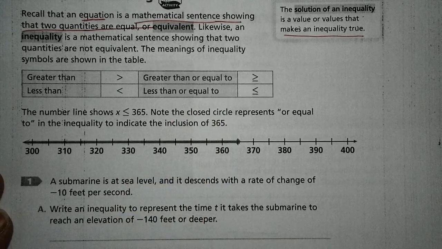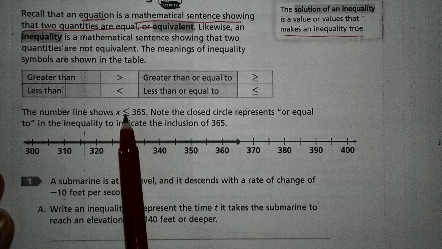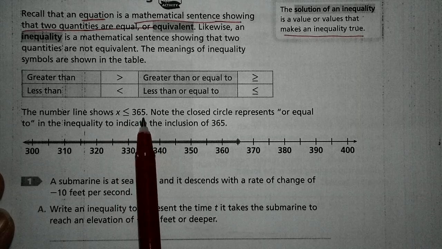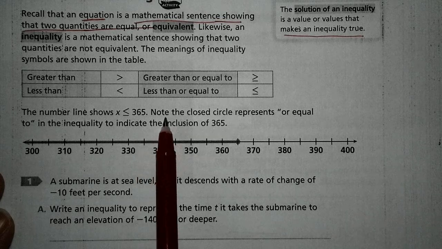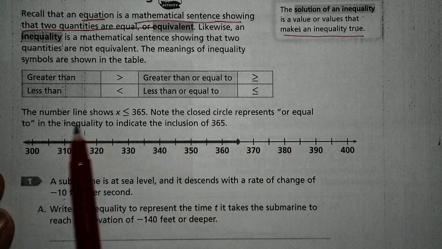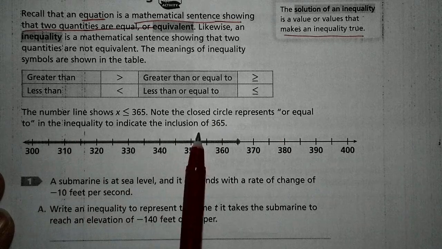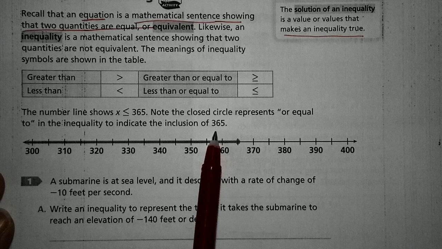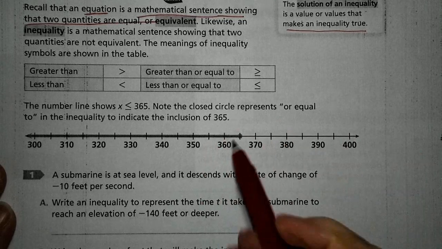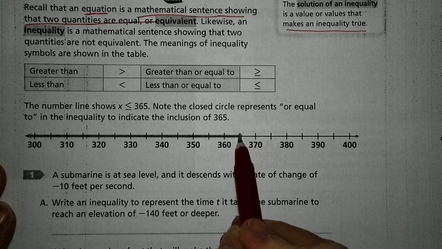So it says the number line shows x is less than or equal to 365. Note the closed circle represents the "or equal to" in the inequality to indicate the inclusion that 365 would work. Okay? So as you can see, the dot is on 365 and it is closed.